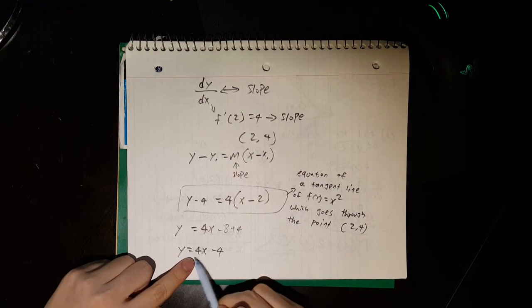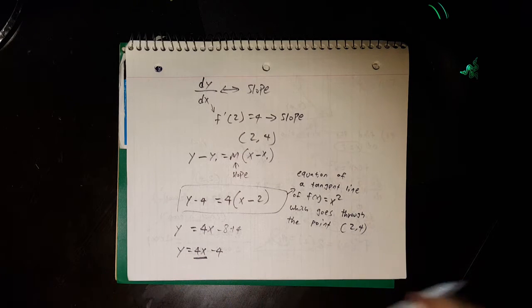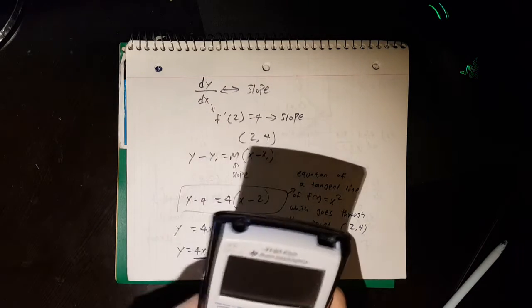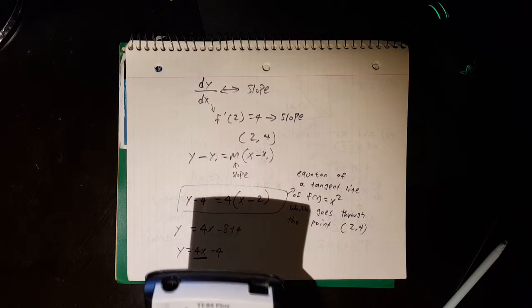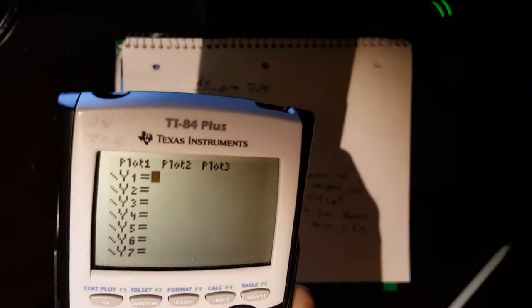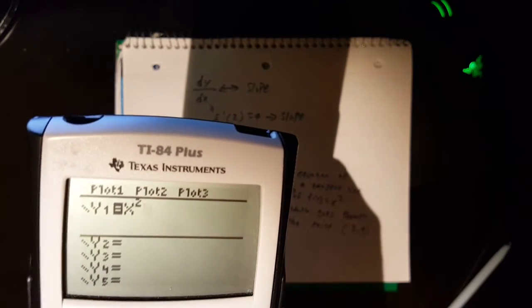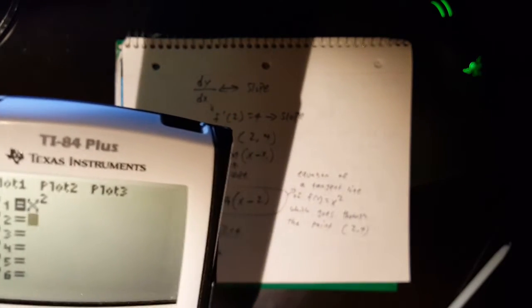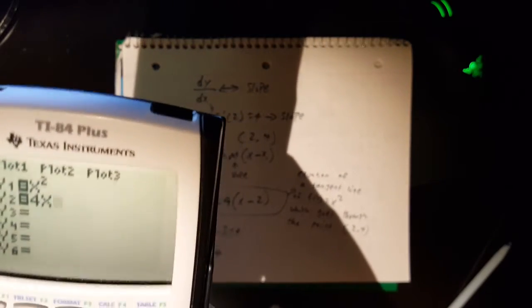Now notice that we still have the slope of 4, and so I'm going to show you what that looks like on a calculator. Now if our math is correct, we should see the original function f of x equals x squared, and then this new one that we found, 4x minus 4.